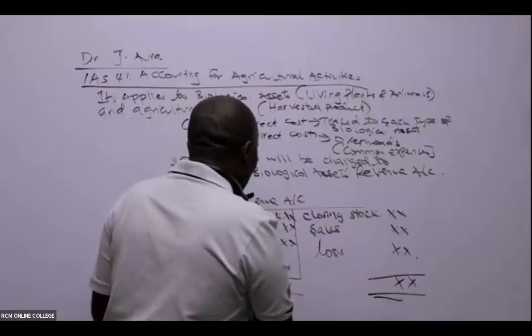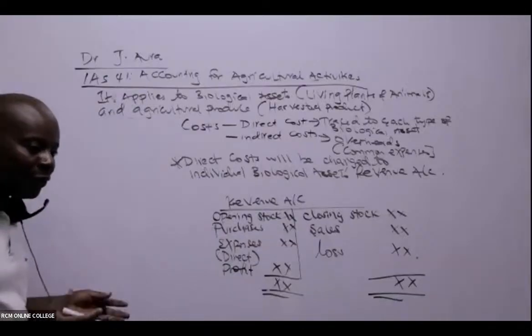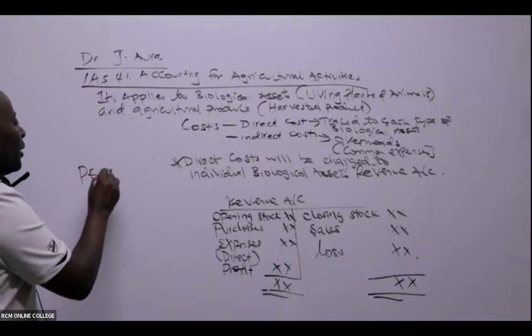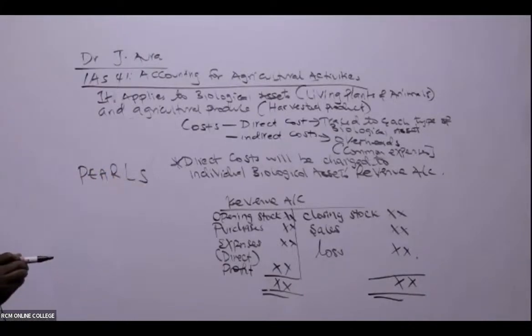Gentlemen, when you are coming to this level, intermediate level is a serious level. You're supposed to remember the acronym called PALS, from your ATD or financial accounting one, for double entry.